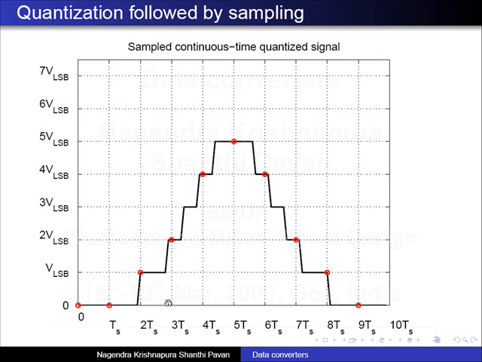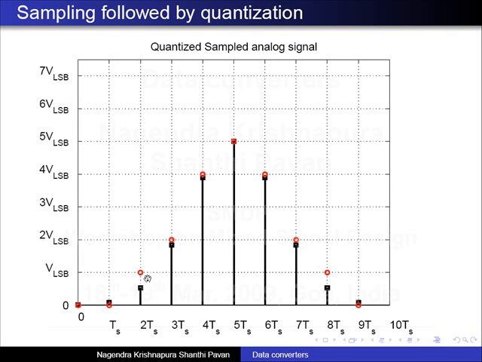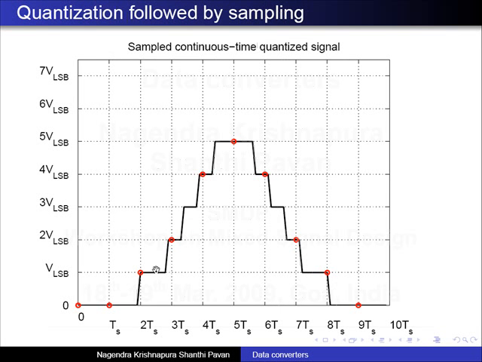So here, I first sample it, I get something, this looks like slightly more than half a level, and then I round it off to the level. Here, in this whole region, it is rounded off to the level, and then I sample it. Will I get the same value or no? You have to, right?